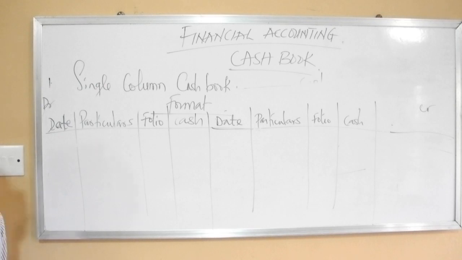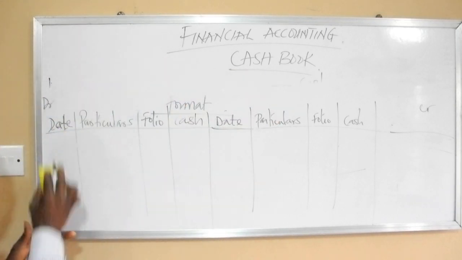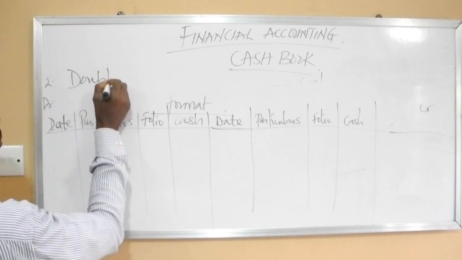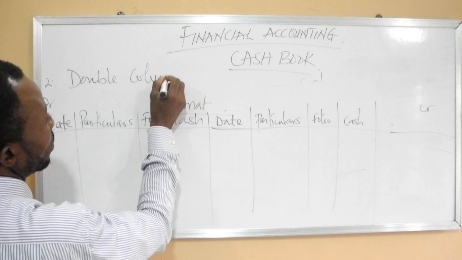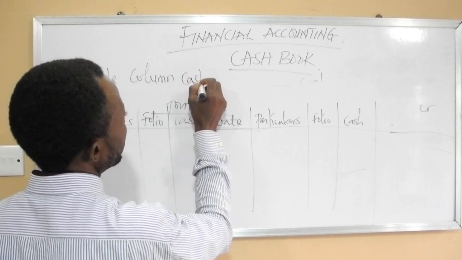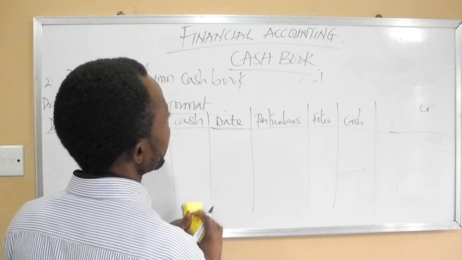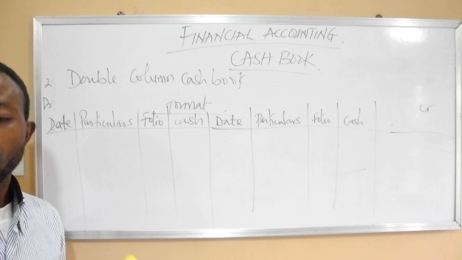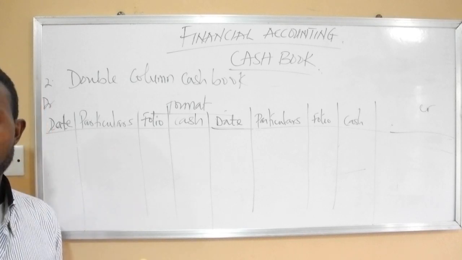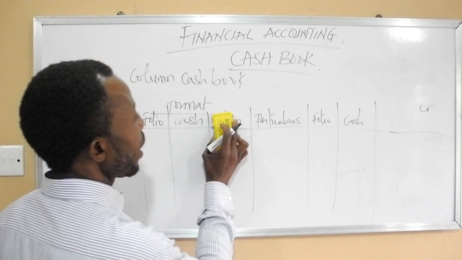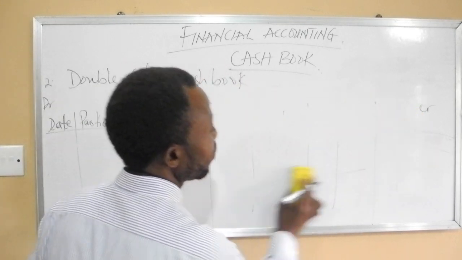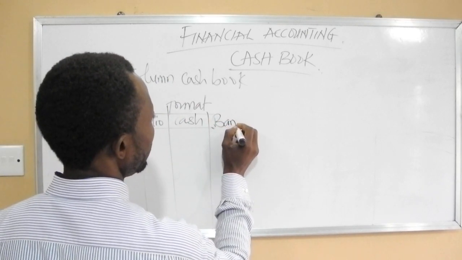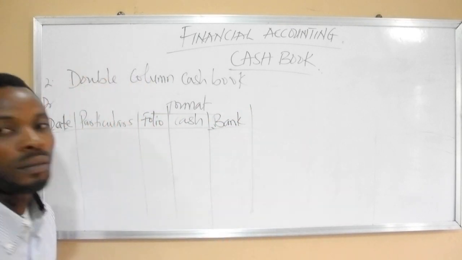Now, if we want to look at double column cash book. Now remember we said a double column cash book has a different column for cash and another column for bank. So what I'll just do here is to take my adjustment from here. So here I'll now be having bank. Do you understand that?